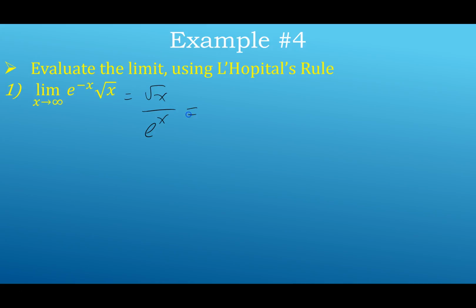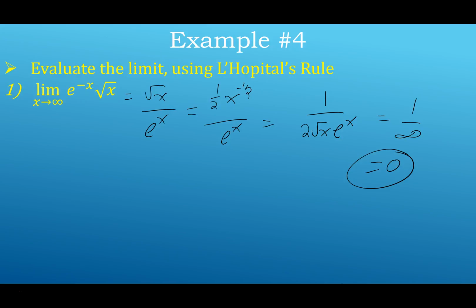So I'm going to take my derivative, which is 1/2 x to the negative 1/2 over e to the x. So I should really rewrite this as 1 over 2 square root of x e to the x. At this point, I now have a number over a function that is no longer going to be indeterminate. When I plug in infinity, I still get an infinity in the denominator. And my answer is still 0.